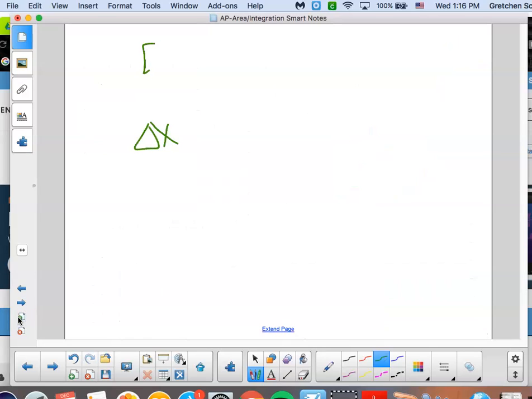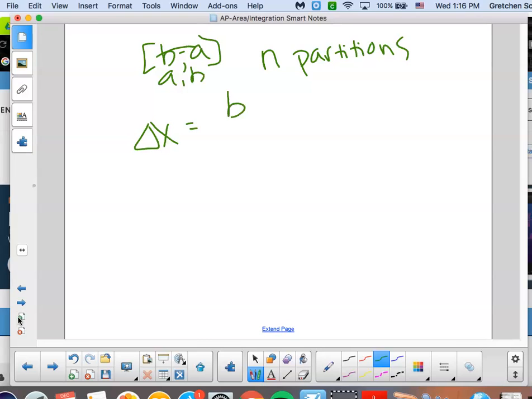If your interval is going to run from A to B, and you're going to have n partitions, and I'm saying partitions, it's rectangles. So if I tell you that I want you to have 7 rectangles, 9 rectangles, 4 rectangles, the way you make sure that they're evenly divided is delta x is just going to equal B minus A. So how long is your interval that you're finding the area for, divided by however many rectangles you're having.